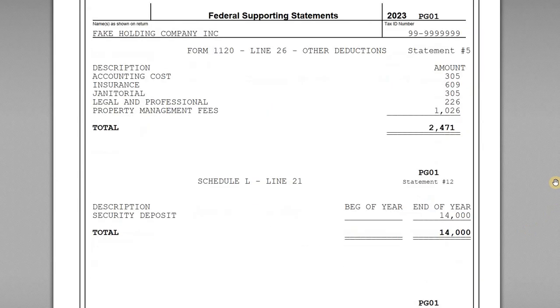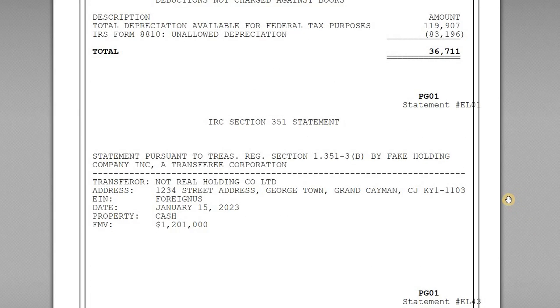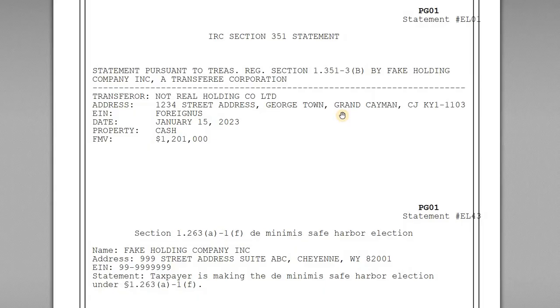Okay. Federal supporting statements, so we've already covered that. Those are supplemental statements to what we had listed above. Last item is the 351 statements and the de minimis safe harbor election. So anytime you transfer property to a corporation in exchange for stock, you want to be certain that that's done in a non-taxable fashion.